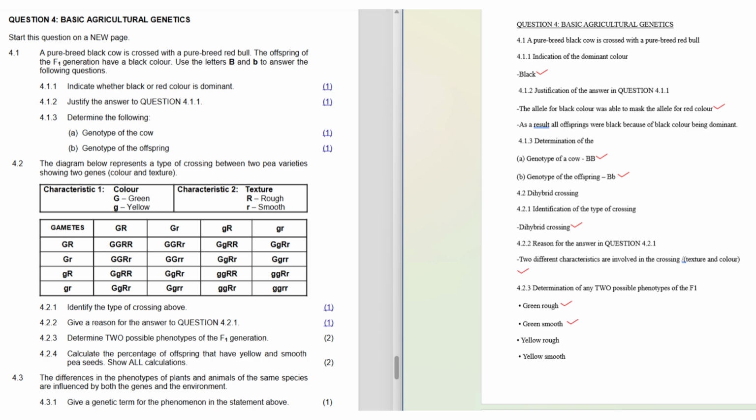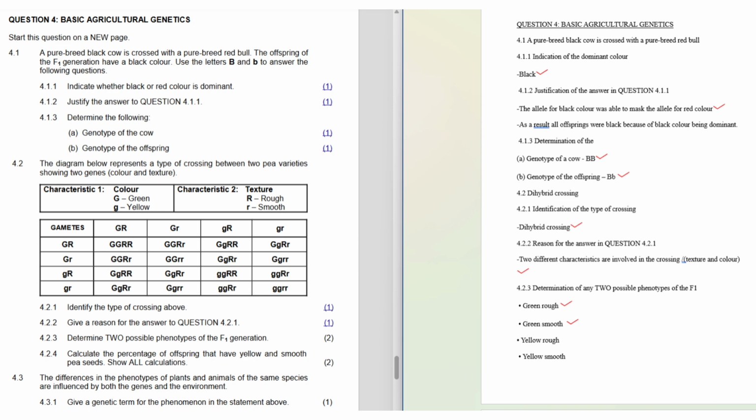And the second characteristic, we're going to look at R, which is rough texture. So we're going to combine this color trait and the texture trait. So we're going to say the phenotype is green and rough texture. That's why we wrote green and rough. That's homozygous green and rough texture.